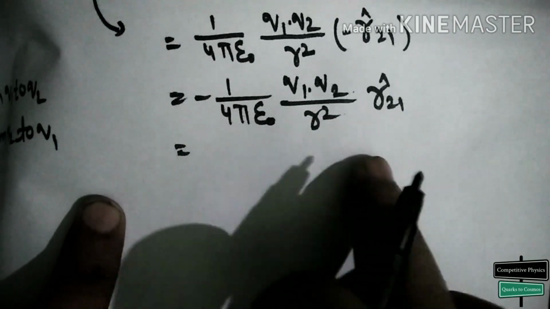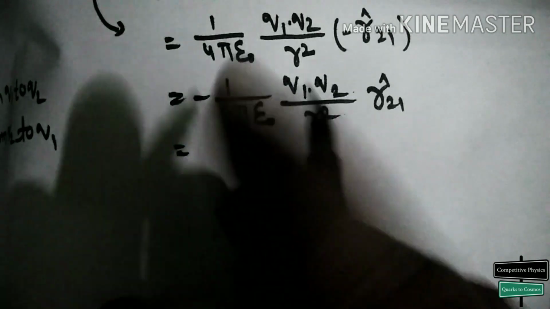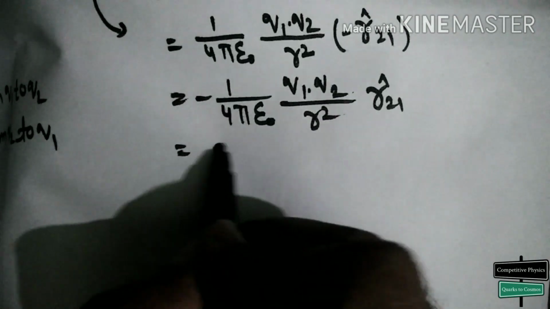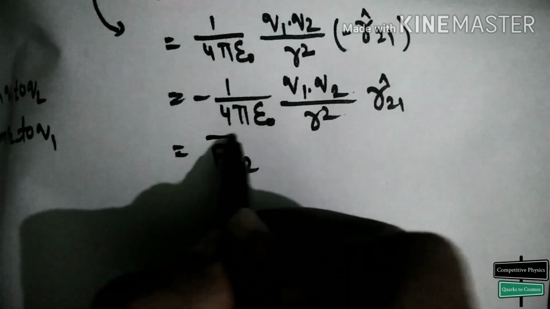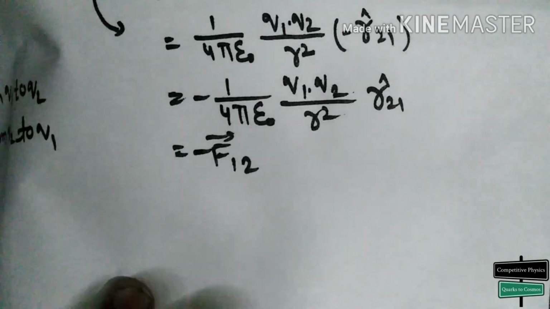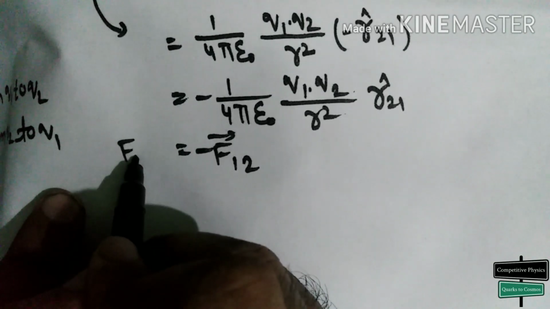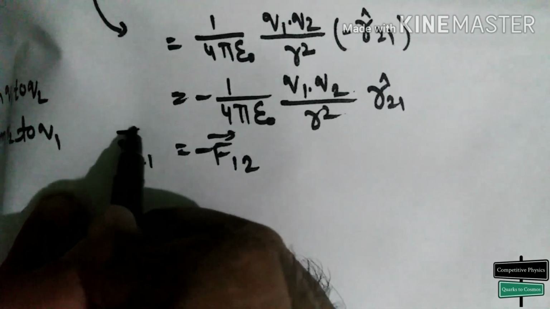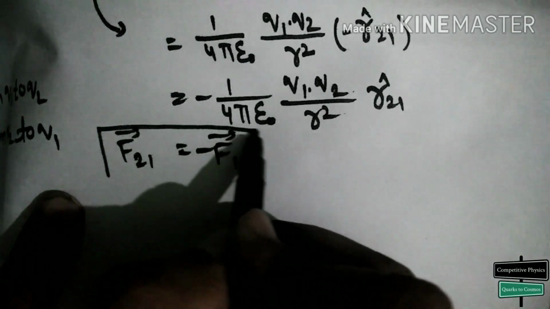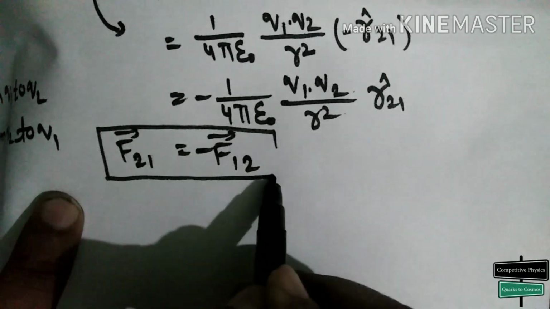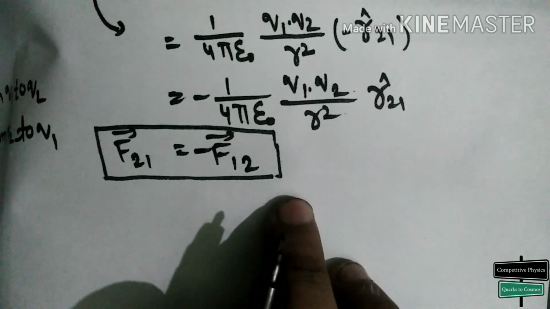And you know that this equation is equal to F12 with a minus sign. So you can see from here F21 equals minus of F12. So you can see from here the two forces are equal and opposite.